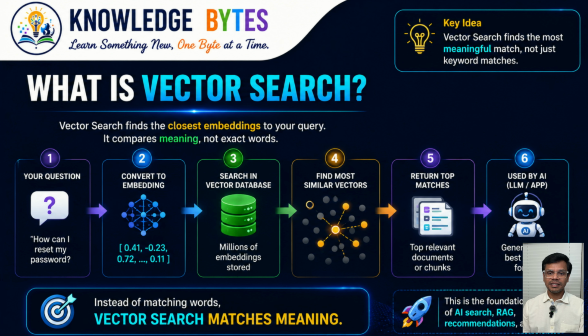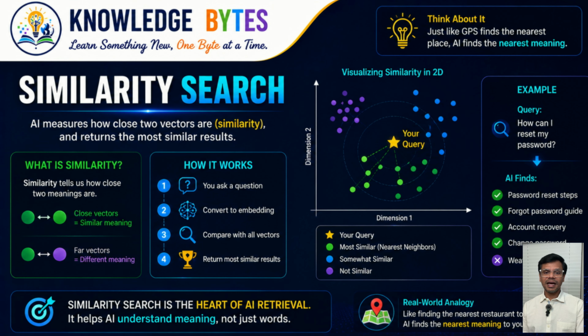Now let's understand what similarity search is. How does AI decide which vectors are similar? That's where similarity search comes in. Think about using Google Maps. If you are searching for the nearest coffee shop, Google Maps calculates which locations are closest to you. AI does something very similar.